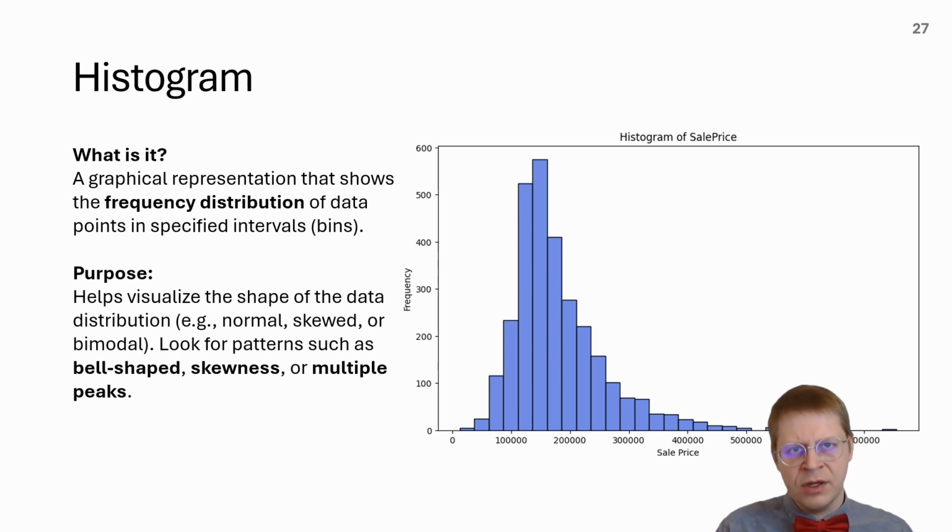For instance, if you see a long tail on one side of the histogram, it indicates skewness, a clue that you might need to apply a transformation before proceeding with further analysis. Histograms are simple to calculate, simple to plot, and you should use them wherever possible.